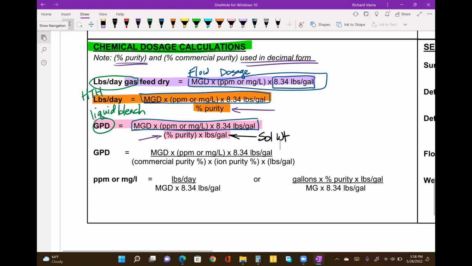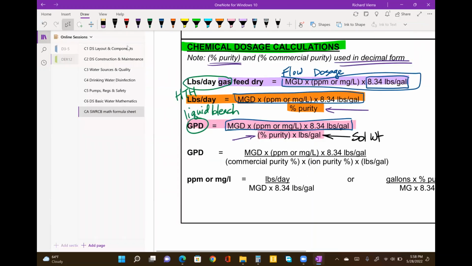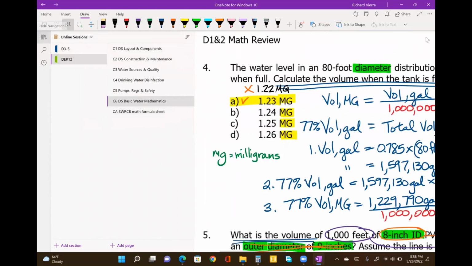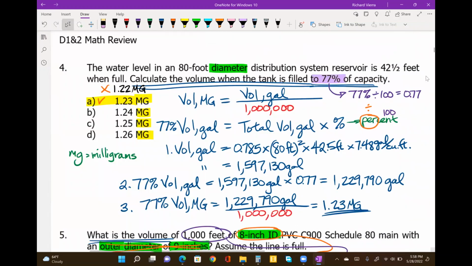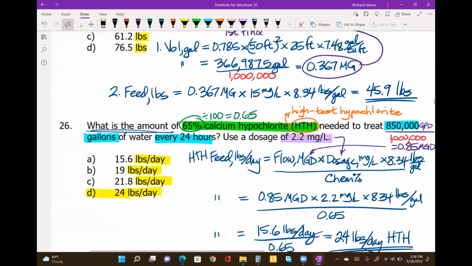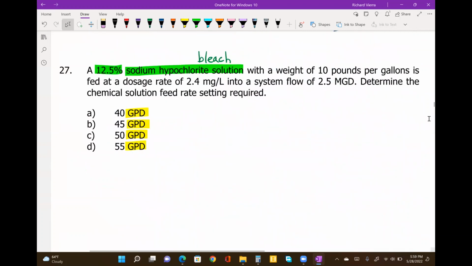Okay, so we're going to add one more quantity to the HTH calculation that we just did if we're doing the liquid bleach solution calculation like we have here in number 27.